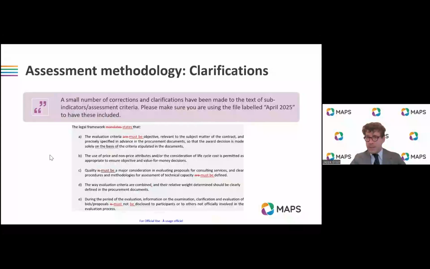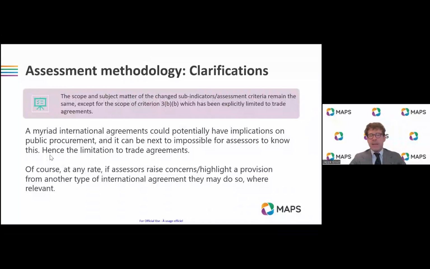So this means that we have not changed what is being assessed in any of the sub-indicators, except for sub-indicator 3B, which I was talking about before, deals with international agreements.